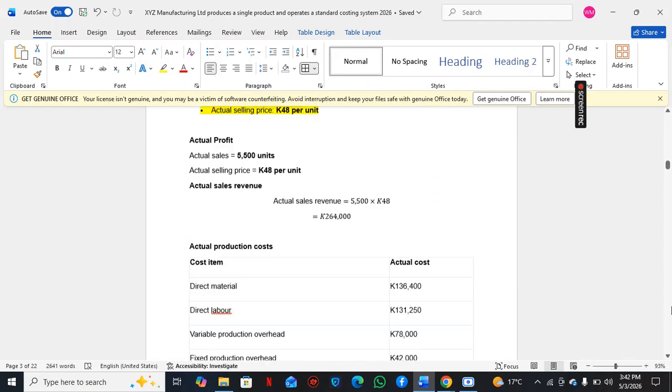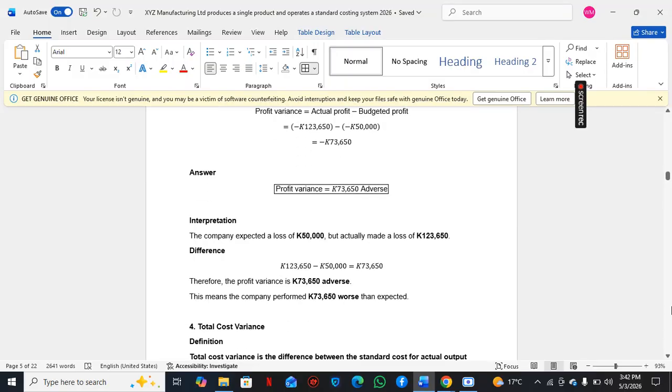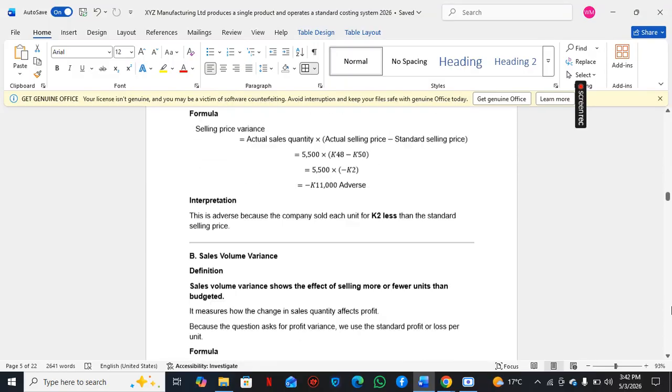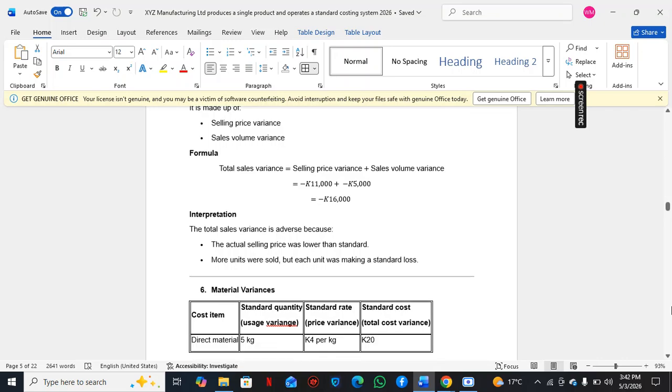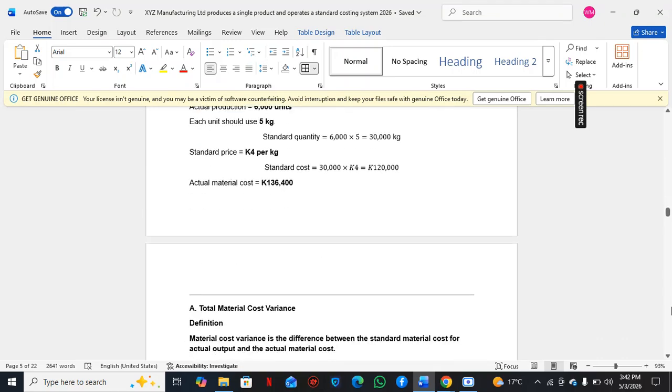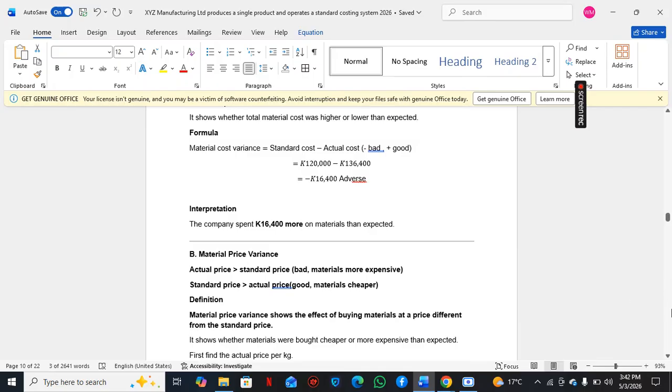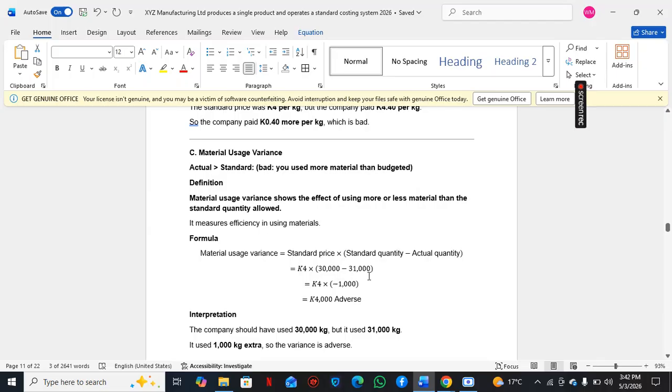So here, standard quantity, 30,000 kg. Standard quantity, supposed to use 30,000 kg of materials. But in actuality, we used 31,000 kg.